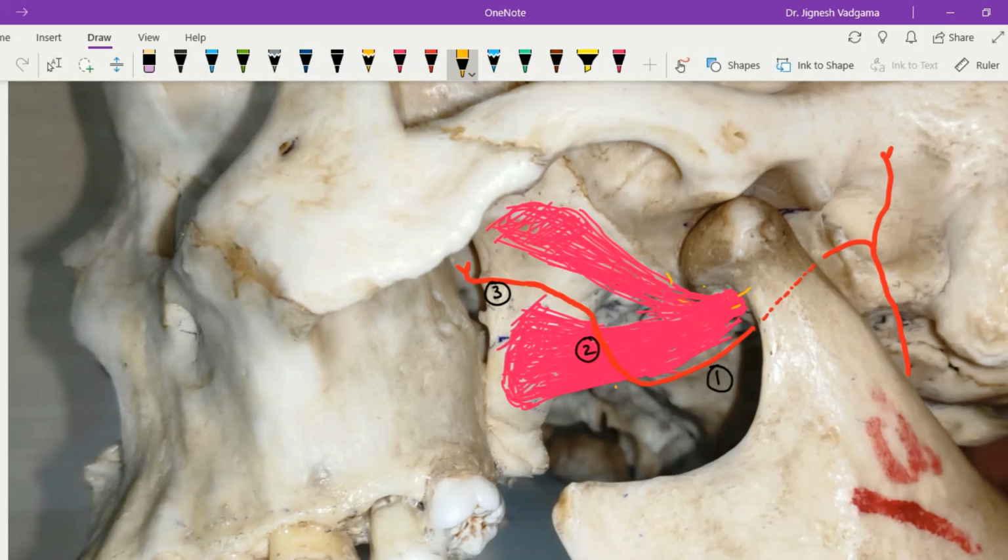At the lower border of this muscle, along with the first part of the maxillary artery, one of its branches, the inferior alveolar artery, passes through the medial aspect of the ramus of the mandible to enter the mandibular foramen.